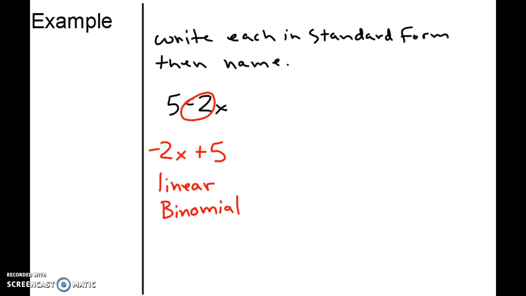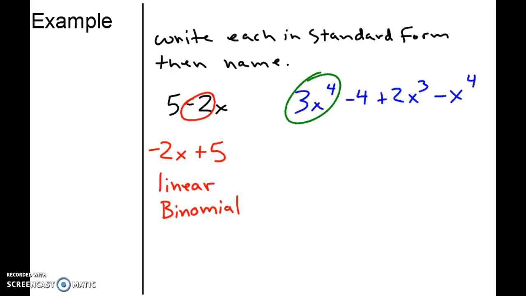Okay, another example here in blue would be something like 3x to the 4th minus 4 plus 2x to the 3rd minus x to the 4th. So here we would have to combine like terms. So here we'd have 3x to the 4th there, and we have to subtract off that x to the 4th. So really we would have 2x to the 4th, because we had 3 over here, and we're only taking one of them off.